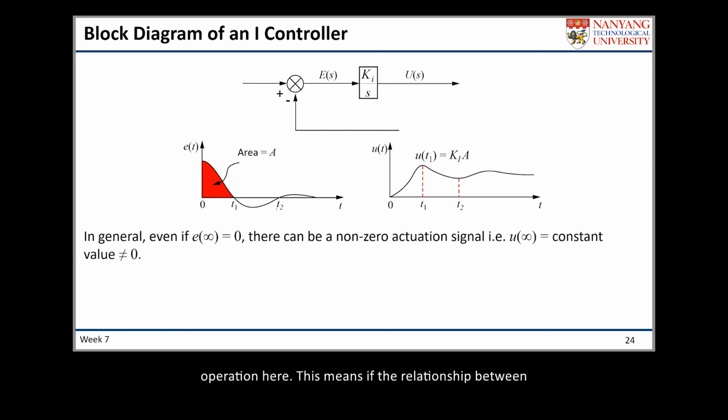If the relationship between U and E involves an integral action, what does it mean?